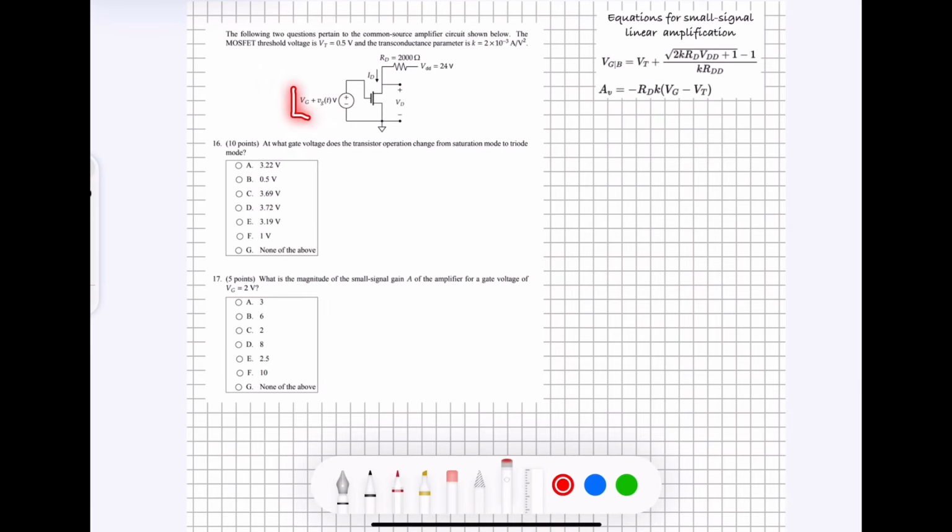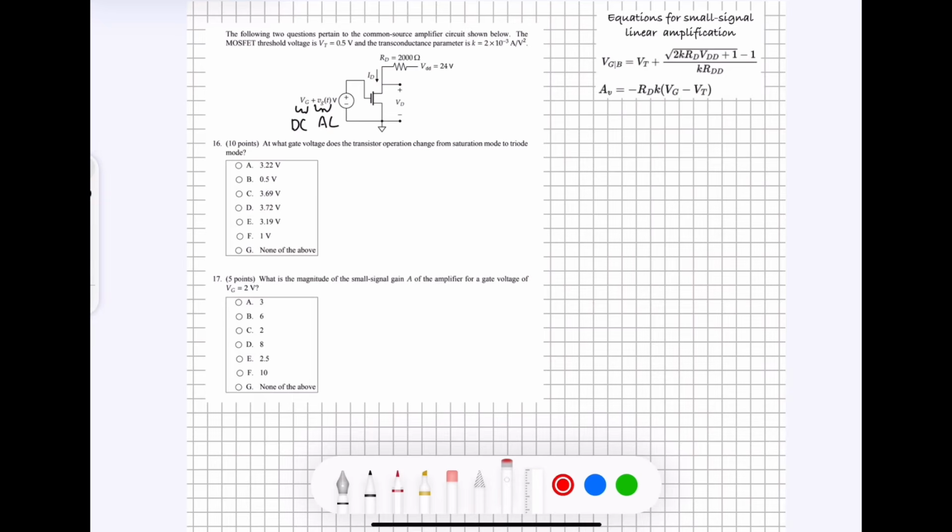Also, the voltage source has two parts, one with the uppercase V and one with the lowercase v. The uppercase V is like the DC voltage, but this kind of voltage source also has an AC component. When you have these two components, that's a giveaway that we're using linear amplification, and that's the kind of circuit we're doing right here.